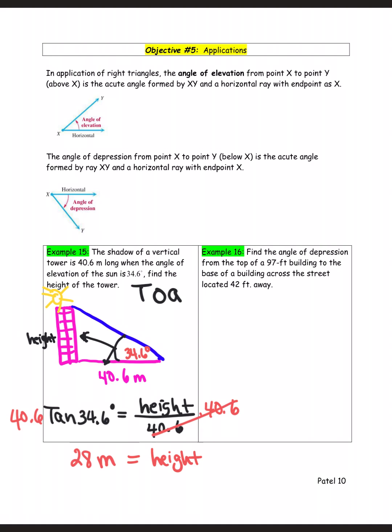Example 16, we're going to find the angle of depression from the top of a 97 feet building to the base of the building across the street, located 42 feet away. Okay, so we'll start with the first building. That's 97 feet.